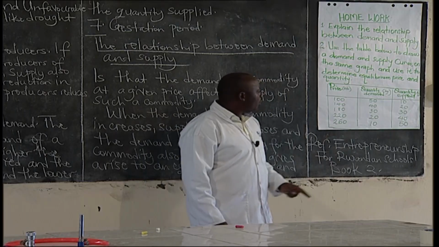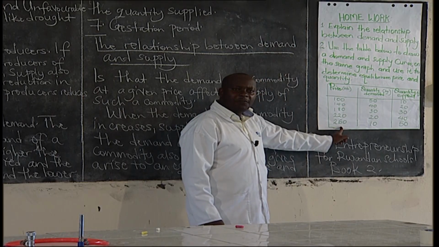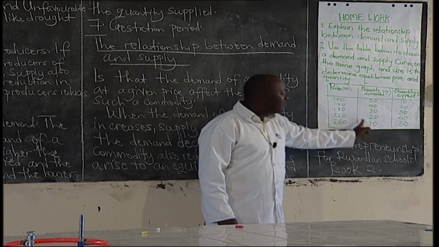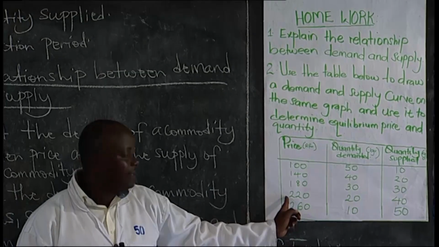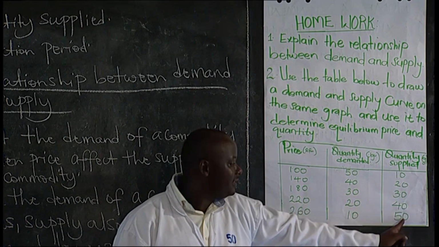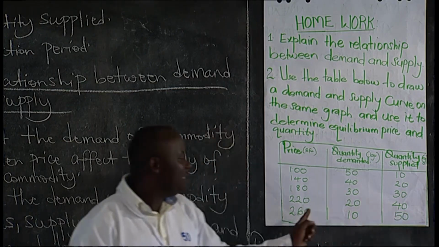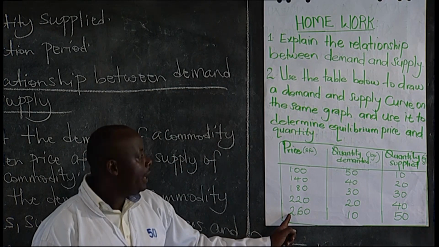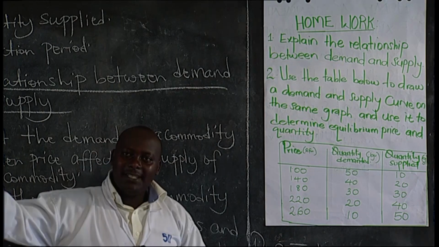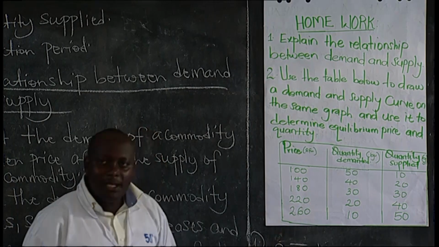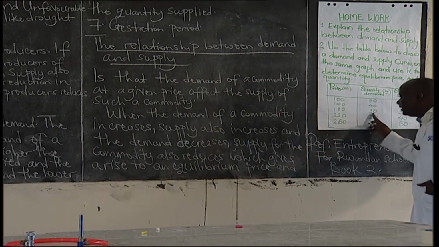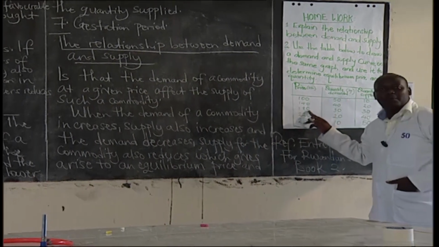Now, we have three columns. These are different prices. These are different quantities demanded at different prices. This is quantity supplied, the different quantities supplied at different prices. I want you to draw the demand curve and the supply curve, and determine what will be the equilibrium quantity and what will be the equilibrium price.